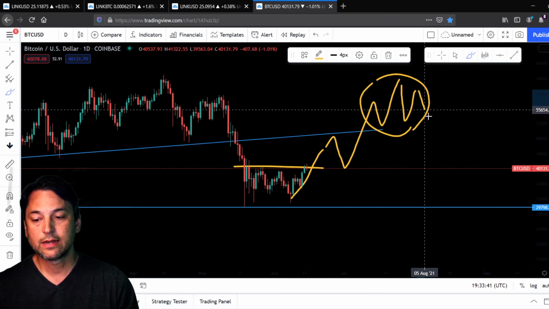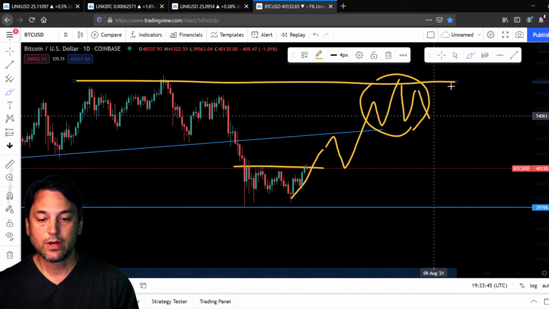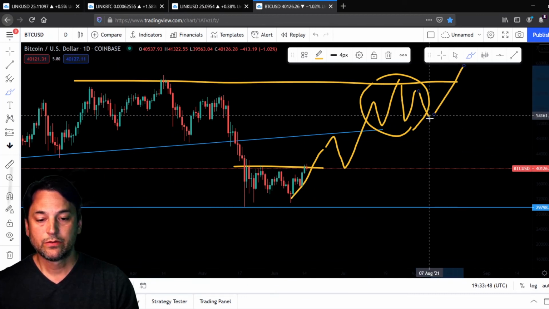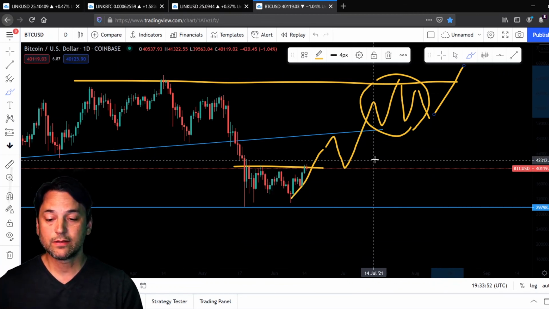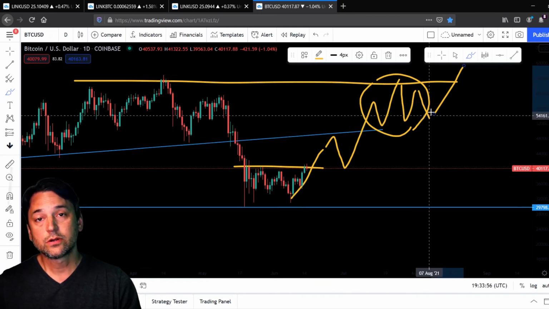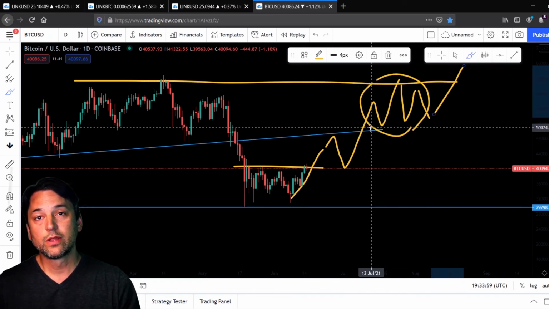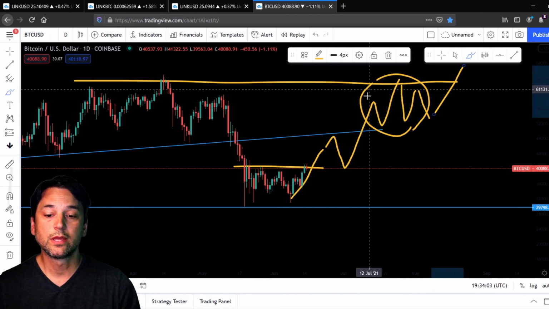It might stagnate before reaching new highs. So if this plays out like this, this circled area is where I would really be looking for Chainlink and the alts to really catch up.